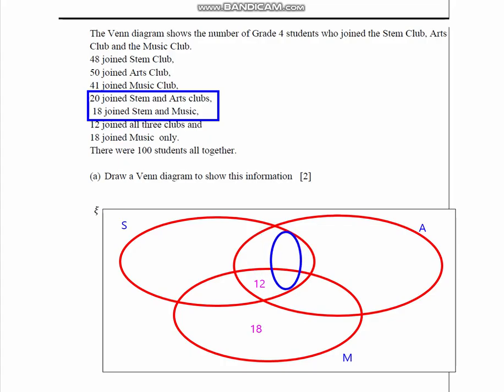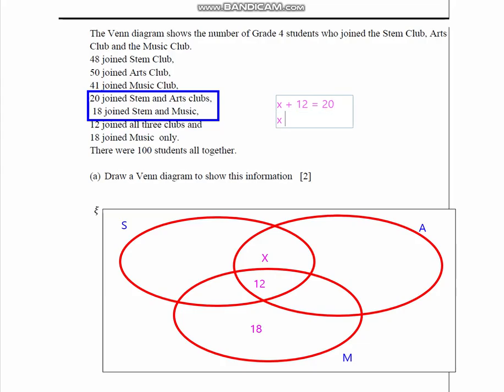This region I'm highlighting with a blue circle. So the total that must go in there should be 20. If we put an unknown, say x there, then x plus 12 should give us the total of students joining STEM and Arts, which is 20.